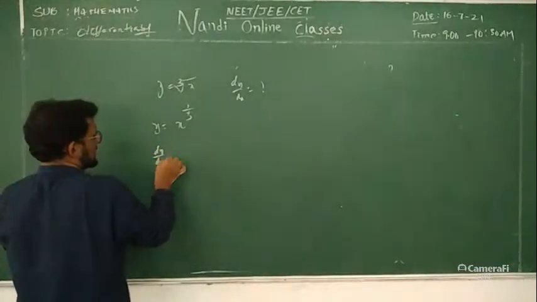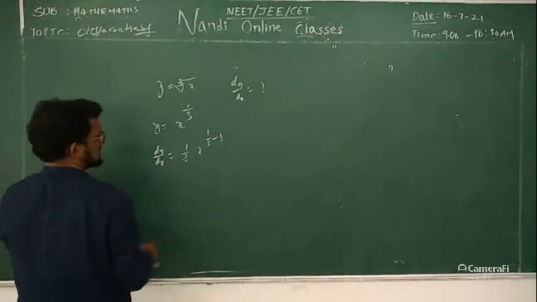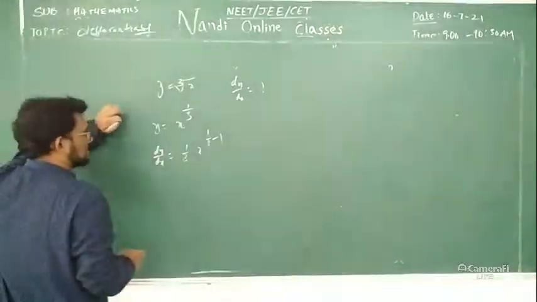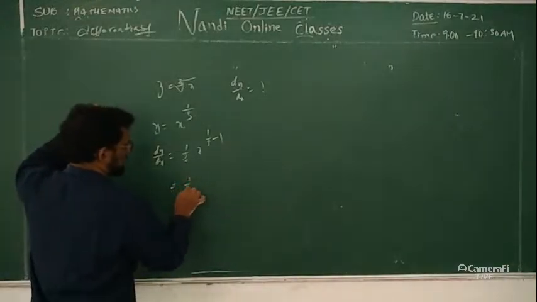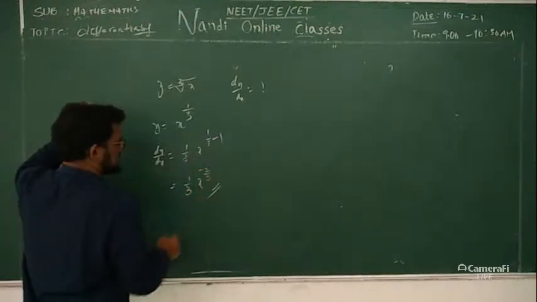So dy by dx is equal to 1 by 3 x power 1 by 3 minus 1. It is in the form of x power n model. That is equal to 1 by 3 x power minus 2 by 3, which is the answer.